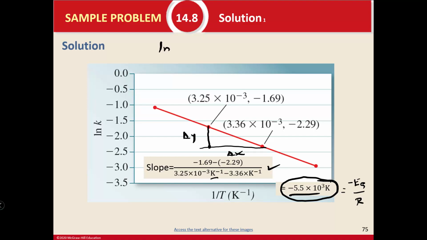Because ln of k equals negative E sub a over R times 1 over T plus the ln of A. All right, so we're not done yet. A lot of times that is a multiple choice answer to see if you're following what you're doing. So just be careful with that.